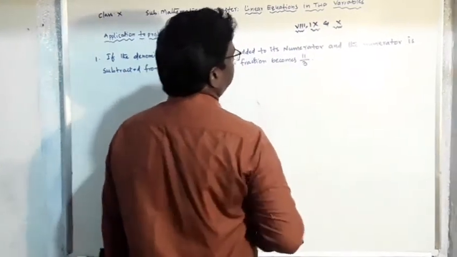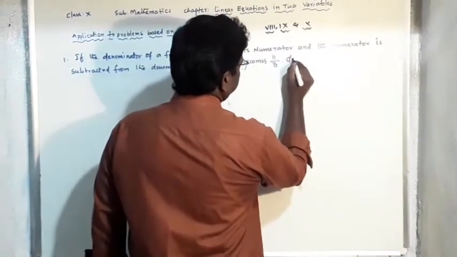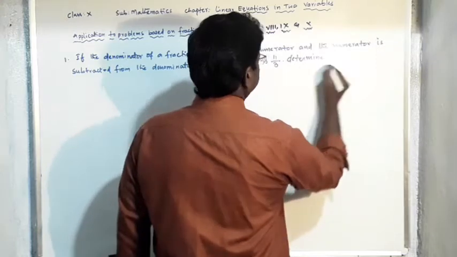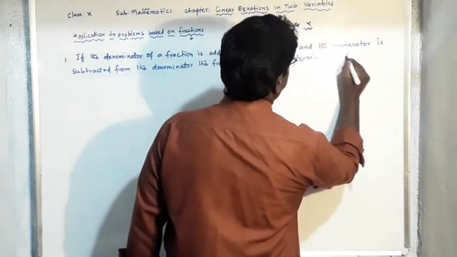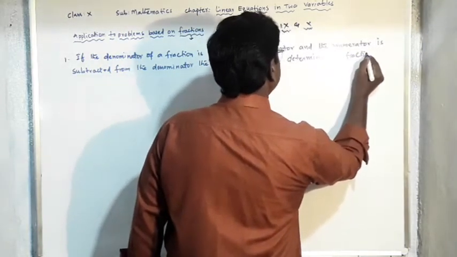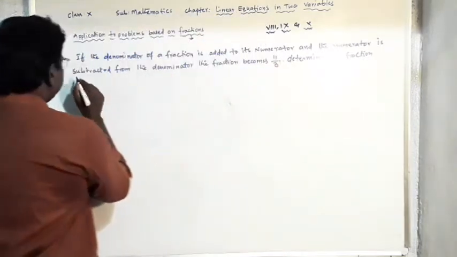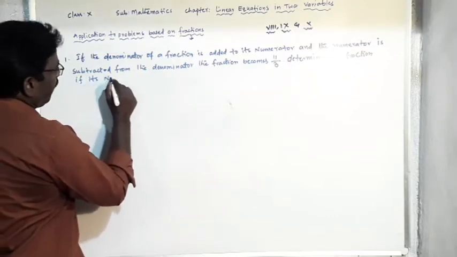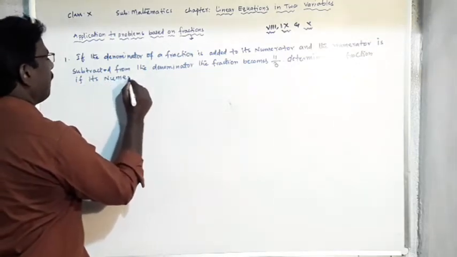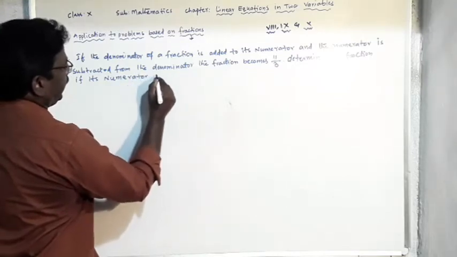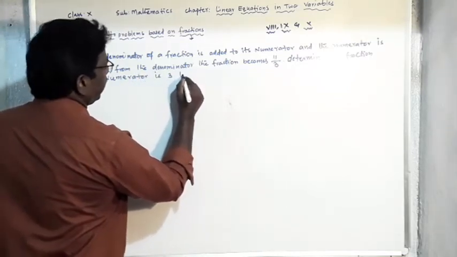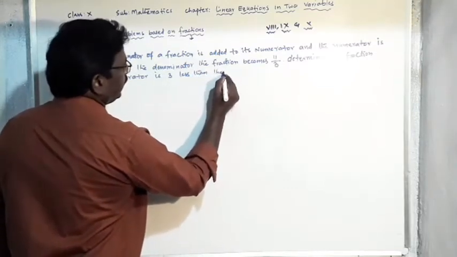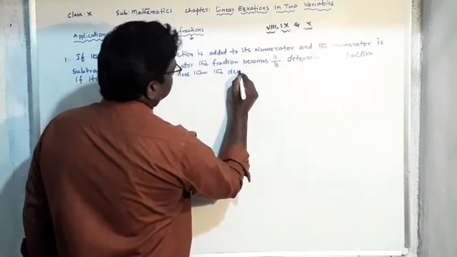Determine the fraction if its numerator is 3 less than the denominator.